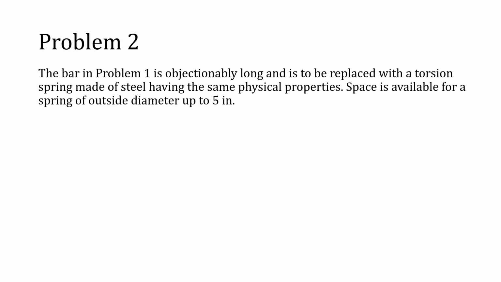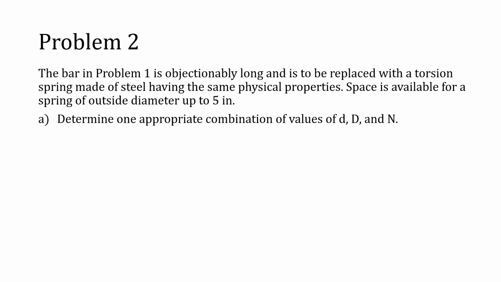It says the space available for a spring of outside diameter is up to 5 inches. That's based off of the casing or some other external restriction, so you can only make your spring up to 5 inches wide.